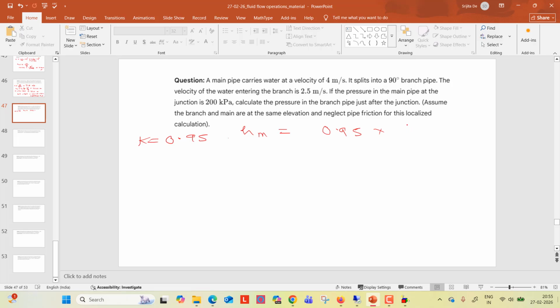So this is 2.5 square by 2G, which is coming as 0.302 meter, right?